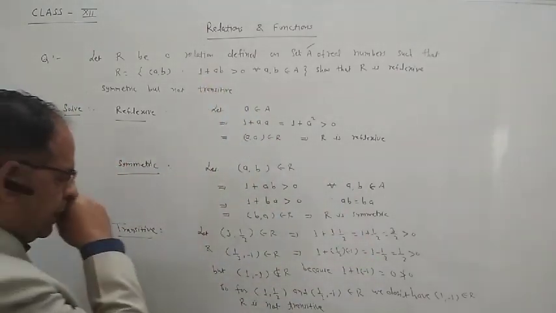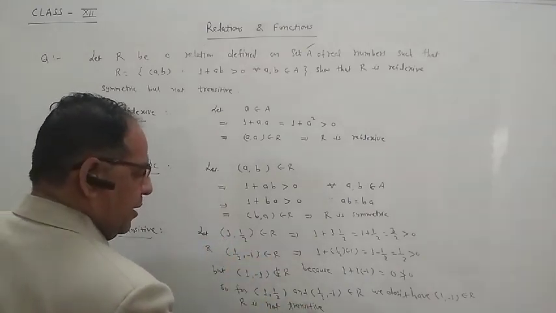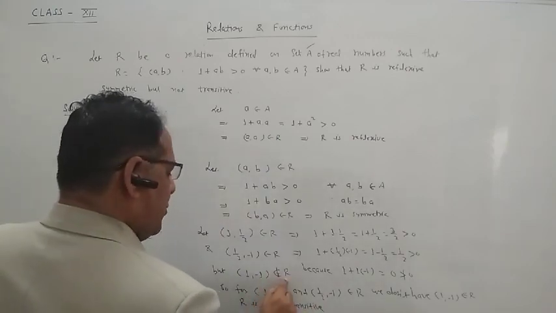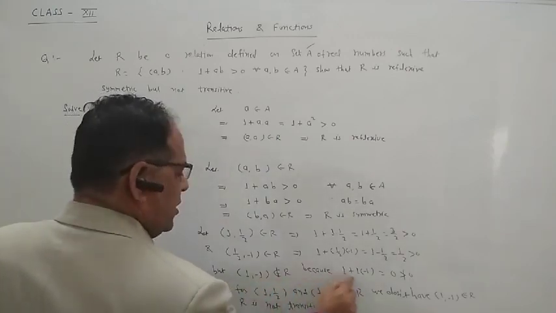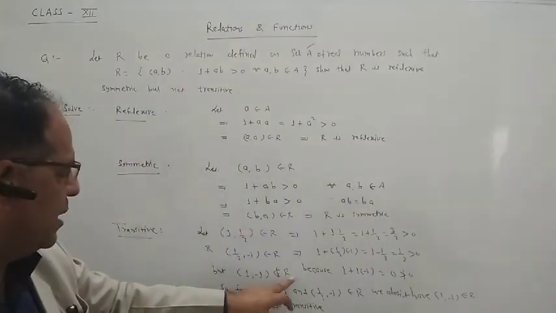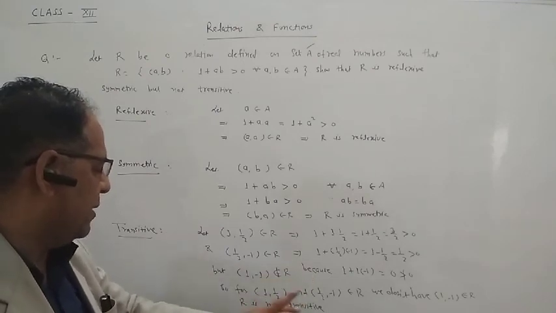But the transitive pair (1, -1) does not belong to R, because this pair does not satisfy the condition of the defined relation. So (1, -1) is not an element of R, so R is not transitive.